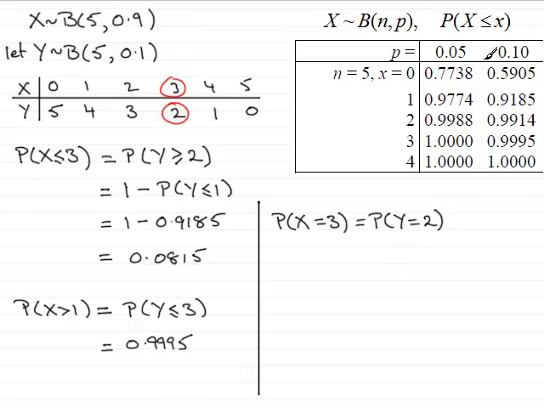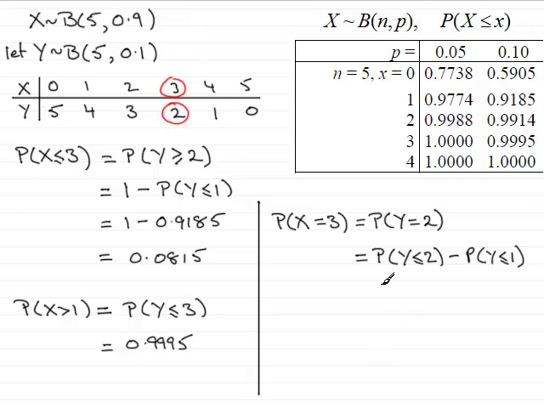Now the tables only give probabilities of less than or equal to a value. So to get round this problem, we say that's the same as the probability of y being less than or equal to 2 minus the probability of y being less than or equal to 1. Because if we add up all the probabilities less than or equal to 2, that is 2, 1 and 0, and take away these two values, 1 and 0, we're just left with the probability that y equals 2.